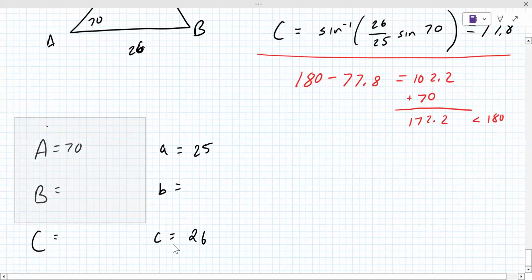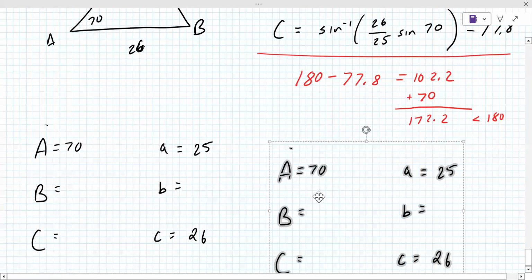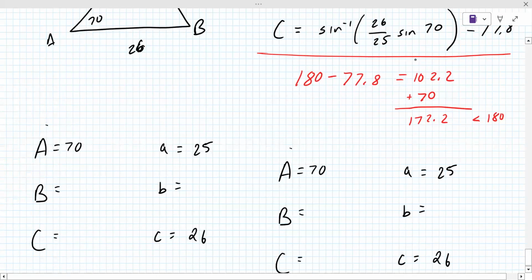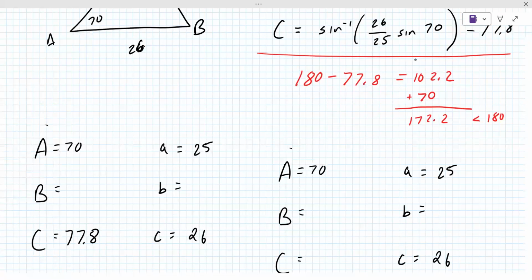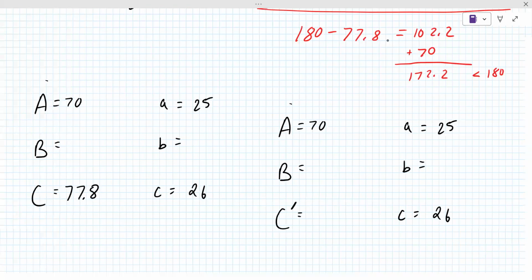You take this information and you copy it, and you found C was 77.8, but there really is a new C that you could have. Your new C is 102.2. And that means you also have a new B and a new little b.